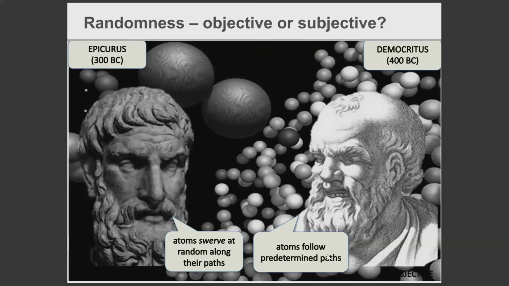Nature itself is not random, but sometimes, because of the lack of knowledge, you may perceive something as such. In contrast, Epicurus, about 300 BC, thought that there is a genuine randomness in nature, that sometimes those atoms swerve from their path, and therefore there is something there, not just because we have ignorance, but some genuine kind of randomness.